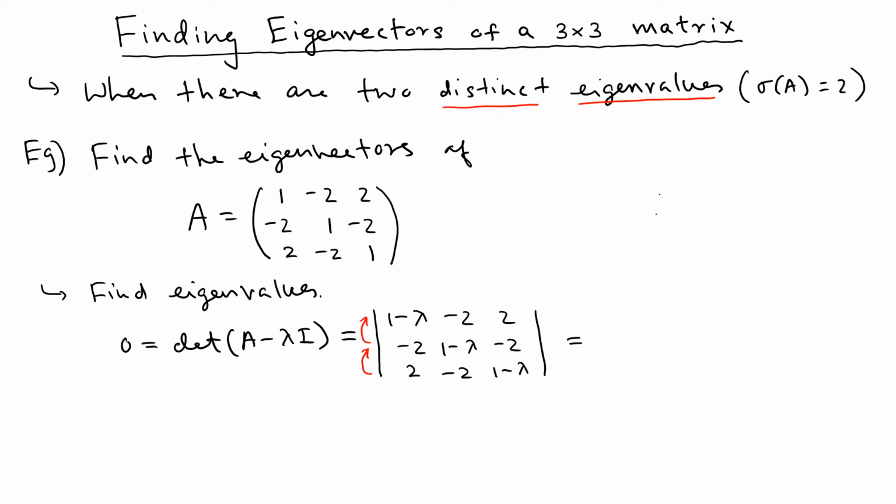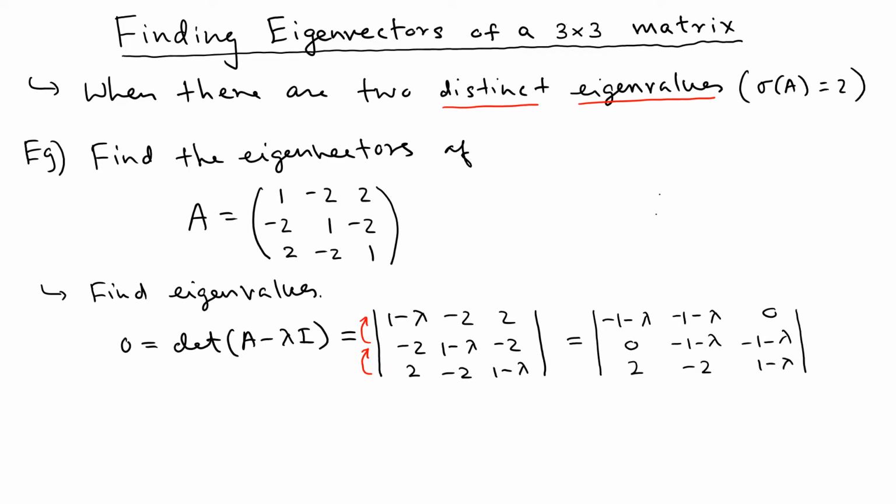If you add the second row to the first row, you get -1 minus lambda, -1 minus lambda, and 0. Then if you add the third row to the second row, you get 0, -1 minus lambda, -1 minus lambda, and the bottom row becomes 2, -2, 1 minus lambda.